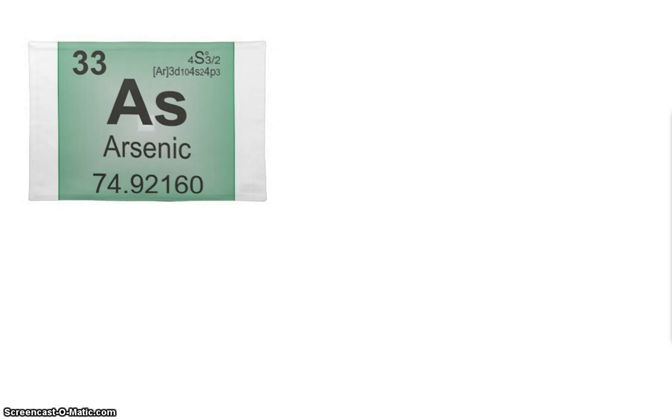Let's look at arsenic. Okay, so again, how many protons will we have? Where are we going to look on the periodic table? Where are we going to look on the element symbol here? Well, we should look in the upper left-hand corner, and we'll find out that there are 33 protons. And the next one should be pretty easy. If we've got 33 protons, we also have 33 electrons.